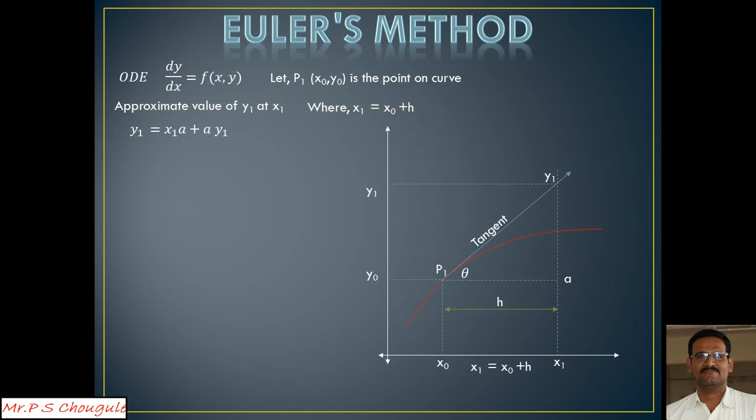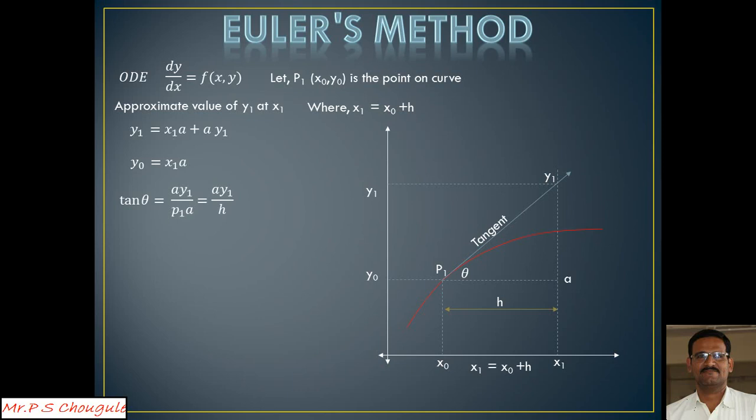Here x1A is nothing but y0, and to find the value of Ay1, I will take the help of triangle y1 P1 A. In that triangle, it is a right angled triangle.